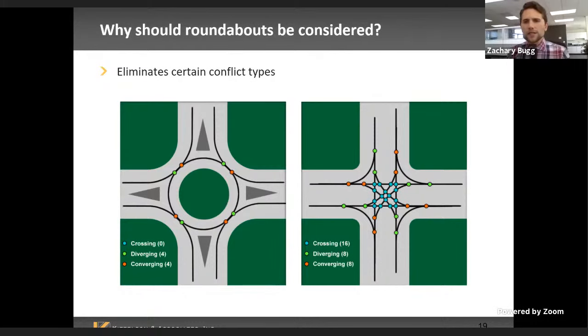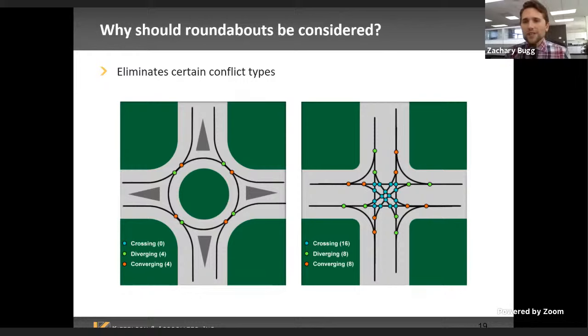And this also distinguishes between the types of conflicts, crossing conflict being where paths would cross at a 90-degree angle or so, and then the diverging and the merging or converging conflicts. On the roundabout, you don't see any crossing conflicts. At the traditional intersection, you see 16 crossing conflicts, and then there's about half the diverging and merging or converging conflicts at a roundabout as there are at the other types of intersections.